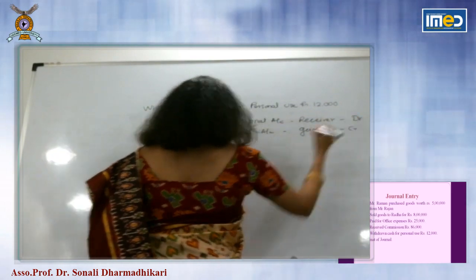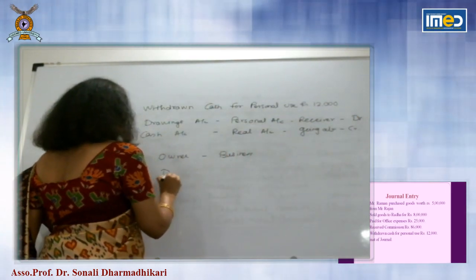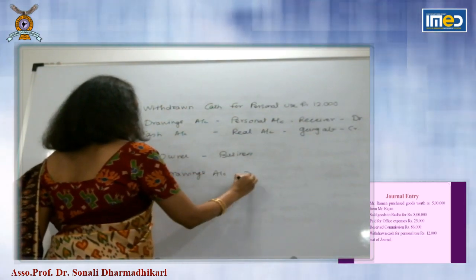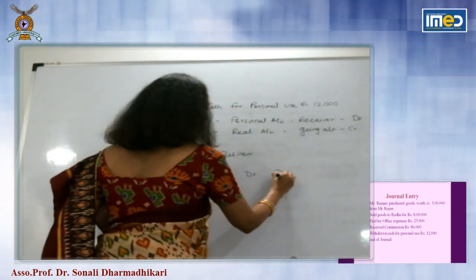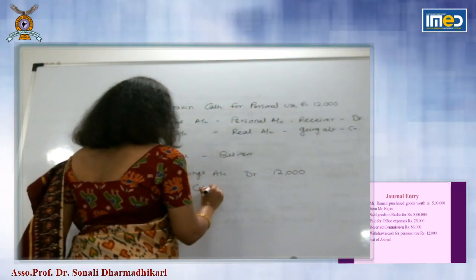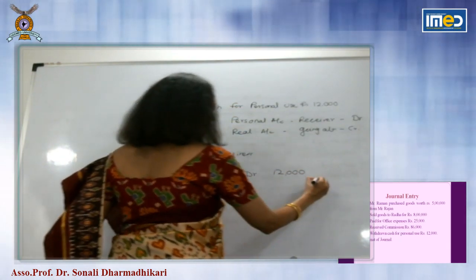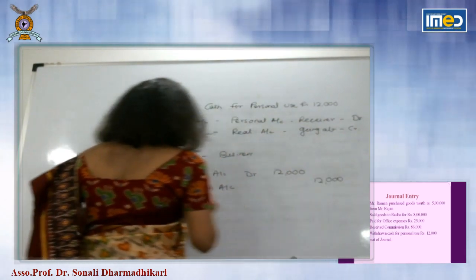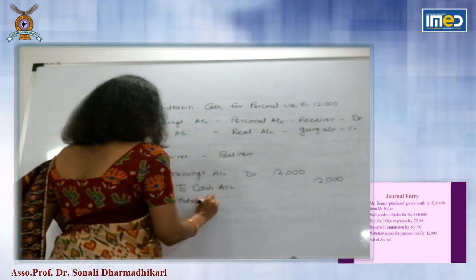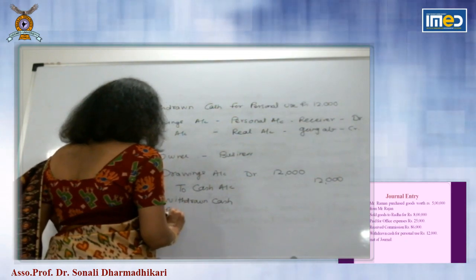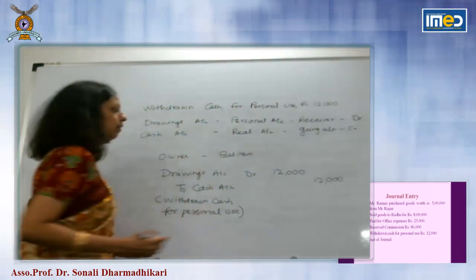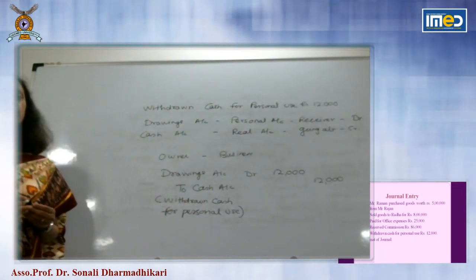So the entry will be: drawings account debit rupees 12,000 to cash account. Cash is going out of business, 12,000. Narration: withdrawn cash for personal use. The cash is withdrawn for personal use.